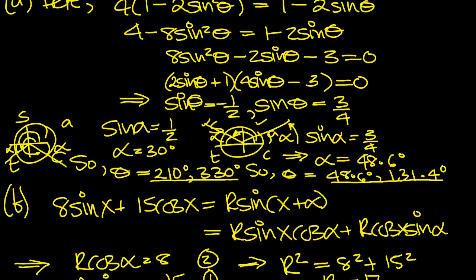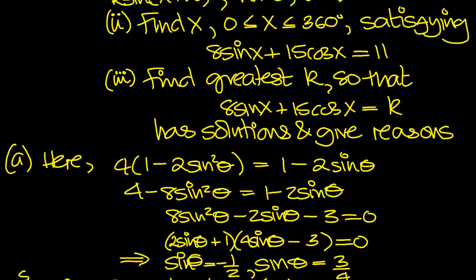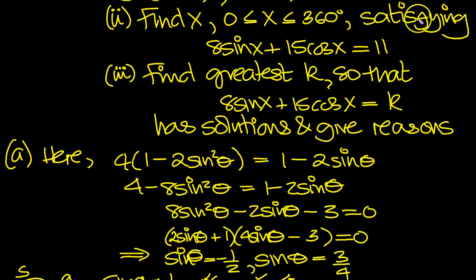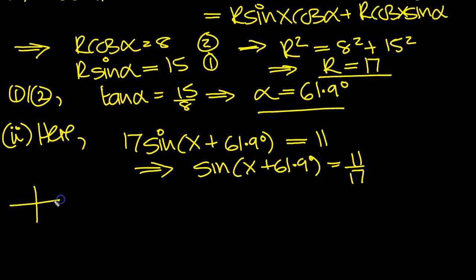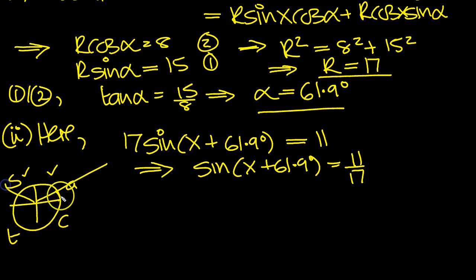Now we're solving this. Let's have a look back at part 2: x is between 0 and 360. So let's solve this trig equation between 0 and 360. CAST: sine is positive here and here. Draw two lines and mark off alpha, the associated acute angle, and write sine alpha is equal to 11 over 17. So that tells us what alpha is.